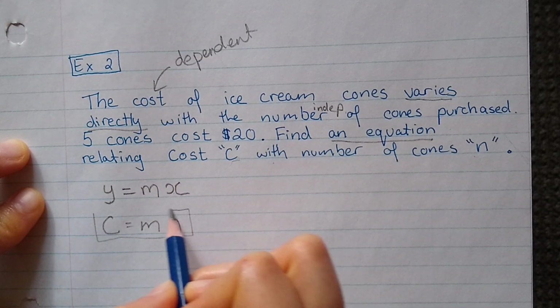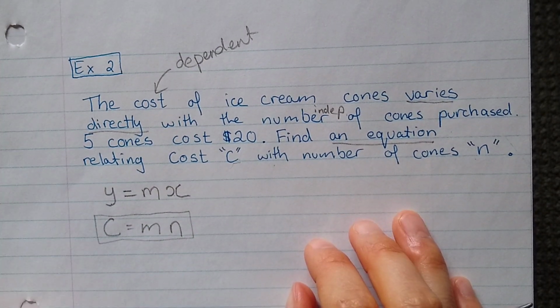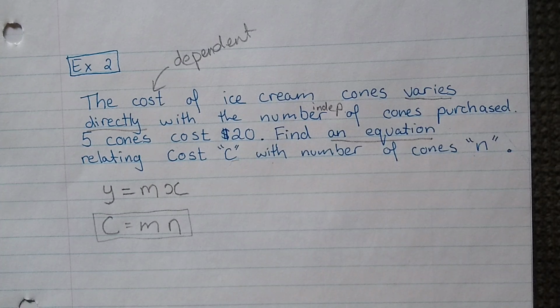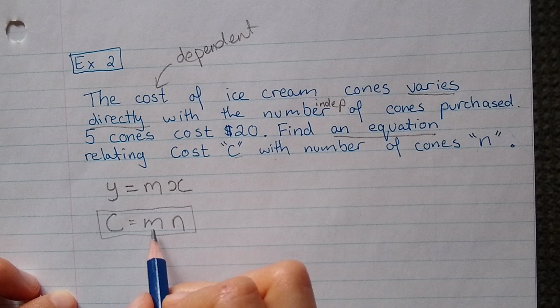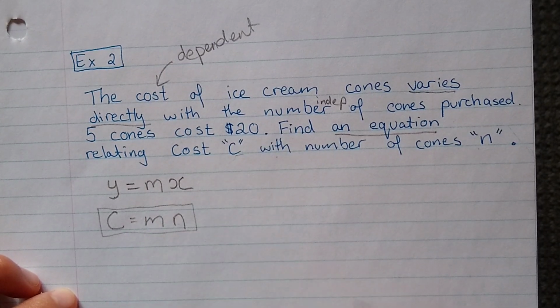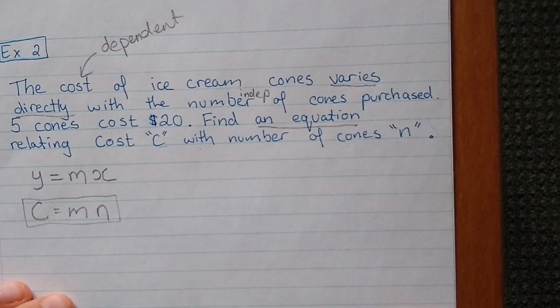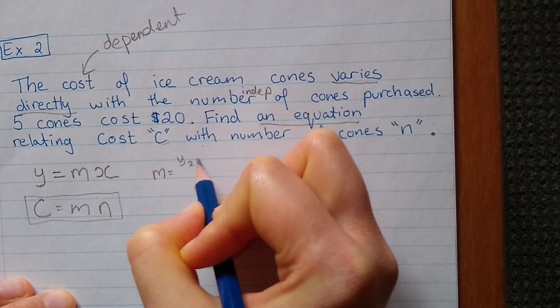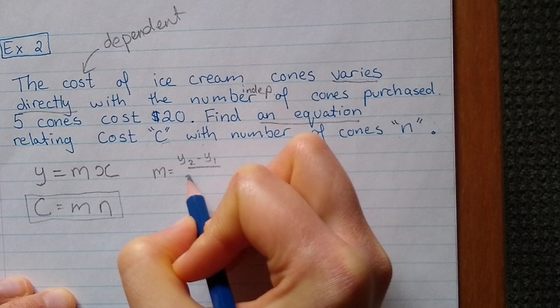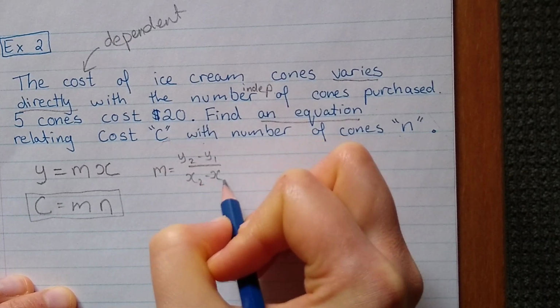C equals mn. Now, the correct form for these equations is that you leave c and n as letters, but we have to actually find a value for m. So we're going to pull out the same formula that we used before. M equals y2 minus y1 over x2 minus x1.